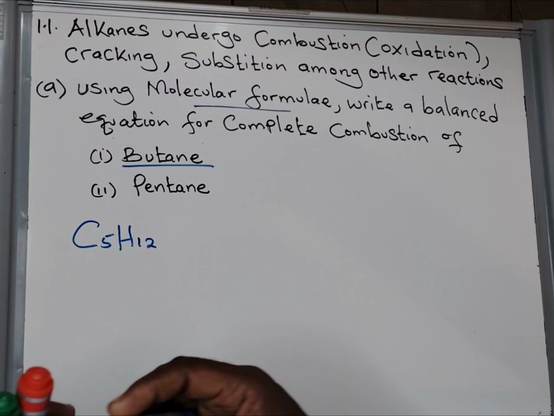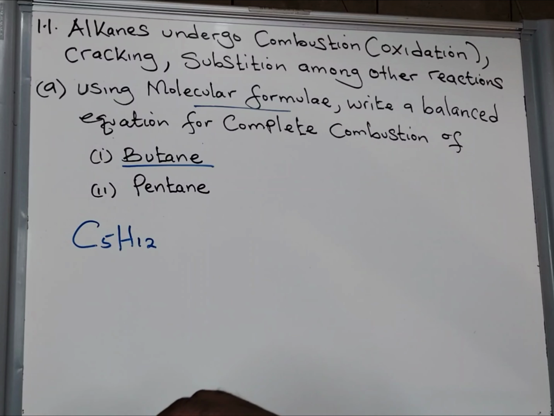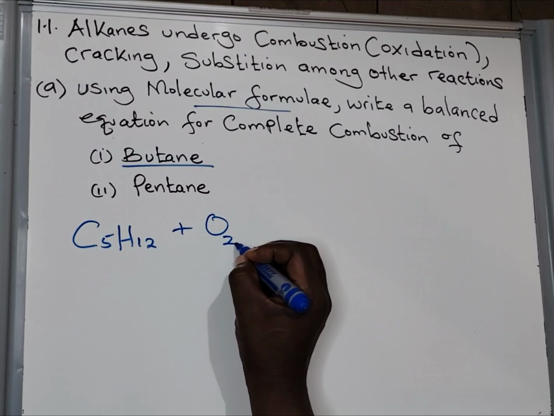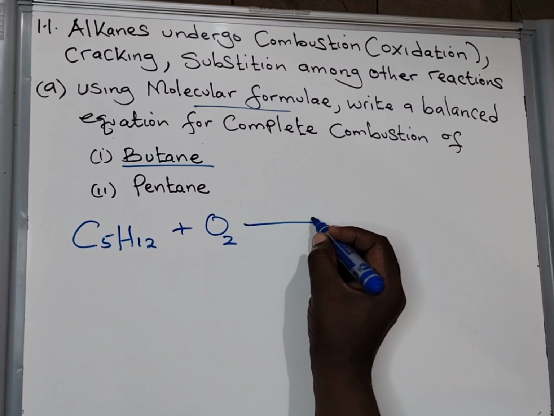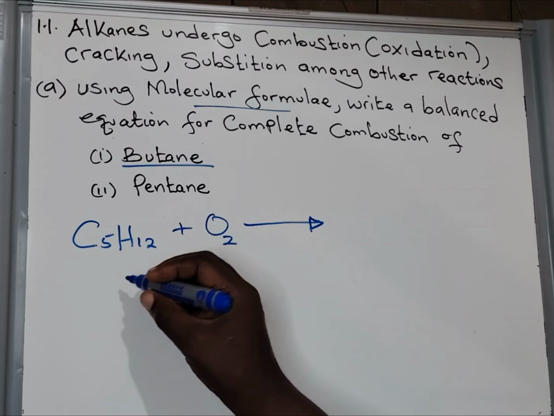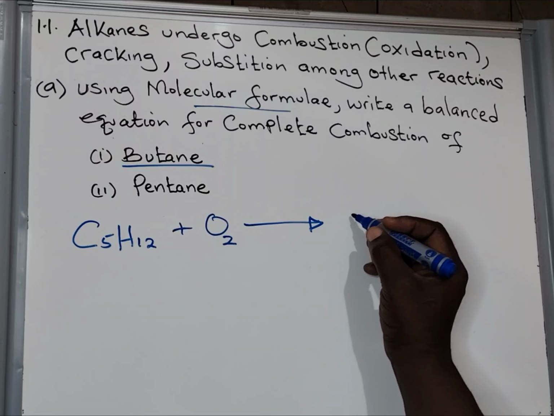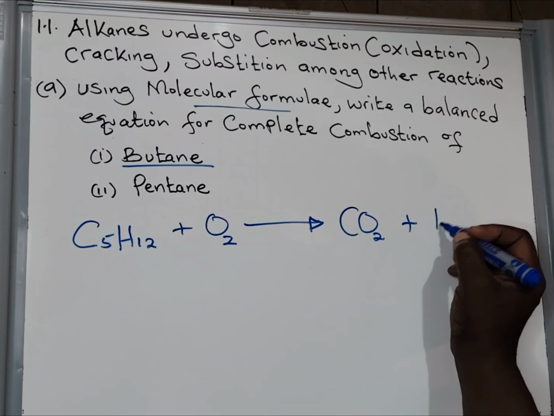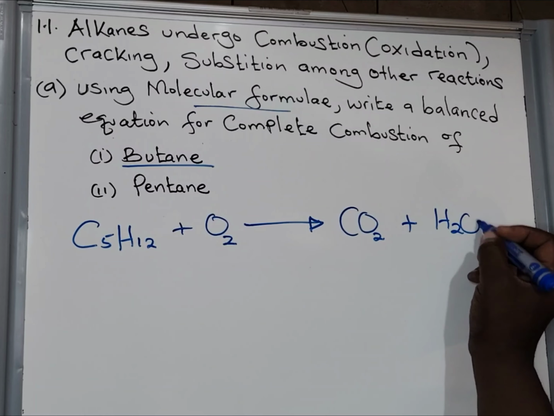Remember, the general formula is CnH2n plus 2. Okay, we are adding oxygen and it is complete combustion. What are the products in this case? The products are carbon dioxide and water.